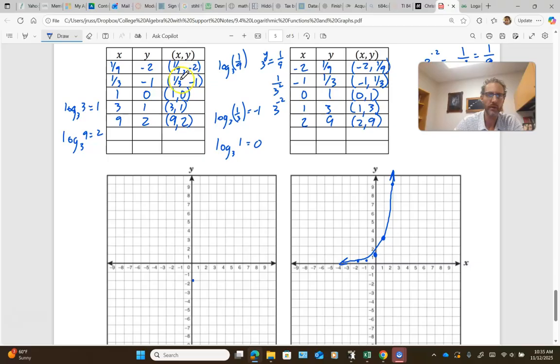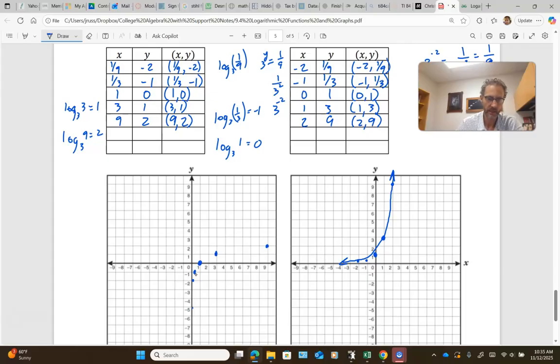And then 1/3, -1, well, that's a third of the way over, and then down 1, so a third of the way to the right of your y-axis, and then 1, 0, that's the x-intercept, or that's the 0 of this function. 3, 1 will be here, and then finally 9, 2.